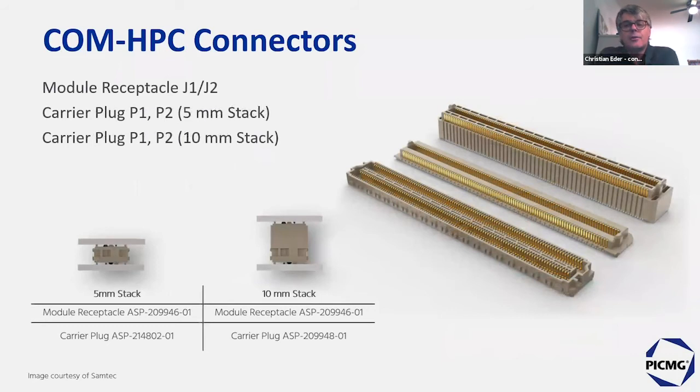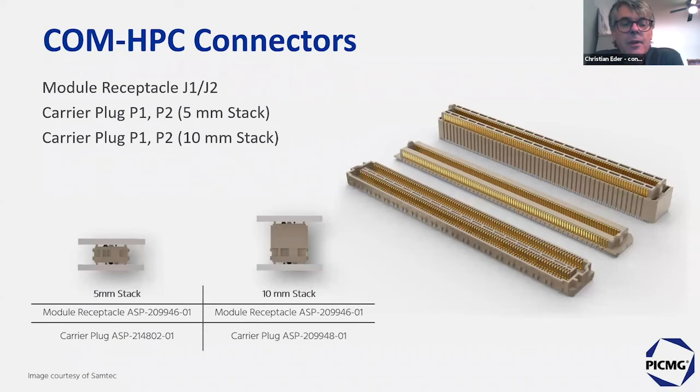The connectors are 2-part connectors. You see on the right hand the connectors. The very left one is the connector part which goes to the module. It's always the same, while you have the freedom on the carrier board to use a connector for 5 millimeter or for 10 millimeter.